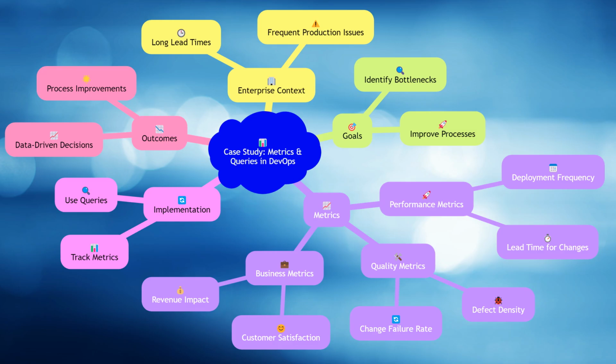They used performance metrics to track deployment frequency and lead time for changes, quality metrics to monitor defect density and change failure rate, and business metrics to measure customer satisfaction and revenue impact. By regularly reviewing these metrics and using queries to drill down into specific issues, they were able to make data-driven decisions and achieve significant improvements in their development processes.